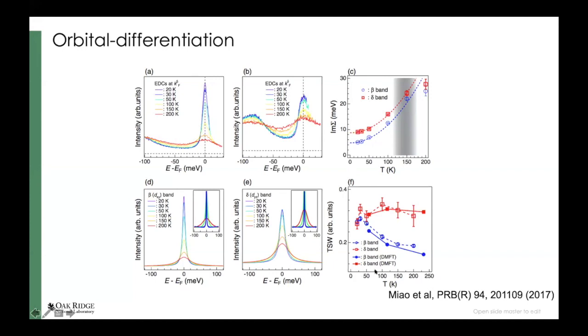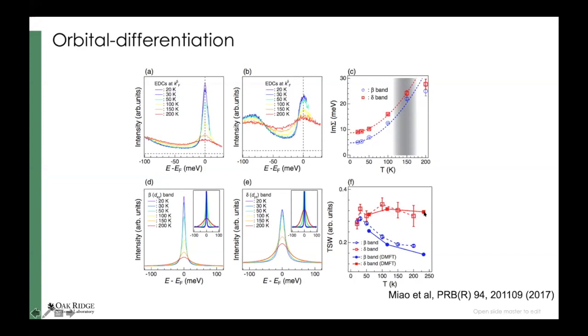And in panel F, we summarize the extracted total spectral weight for the beta band in blue and the delta band in red. You see for the delta band, you do not really lose spectral weight as you change your temperature. But in strong contrast, the beta band quickly loses its spectral weight, almost 50% from 10 Kelvin to 250 Kelvin.